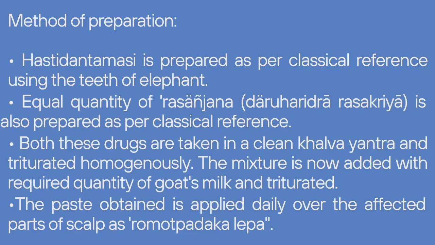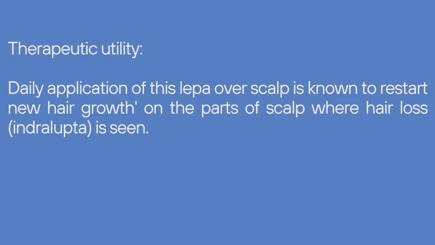Both these drugs are taken in a clean kalvayantra and triturated homogeneously. The mixture is now added with required quantity of goat milk and triturated. The paste obtained is applied daily over the affected parts of the scalp as Romotpadaka Lepa. Therapeutic utility: daily application of this lepa over the scalp is known to restart new hair growth on the parts of the scalp where hair loss is seen.